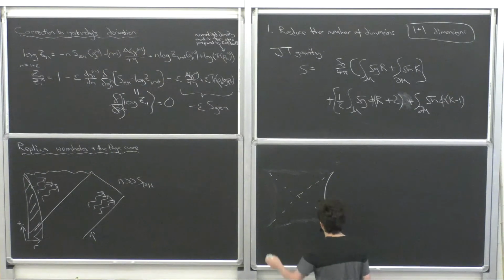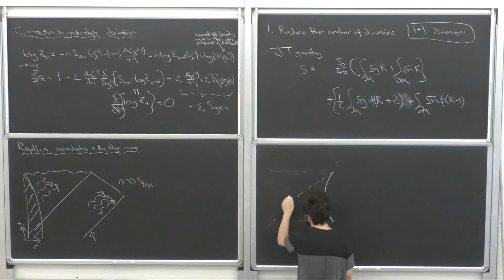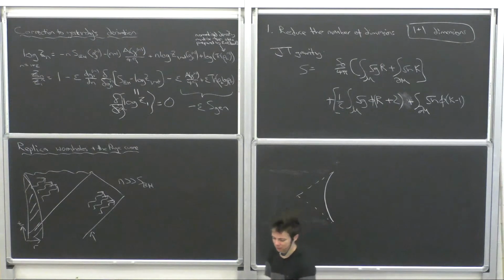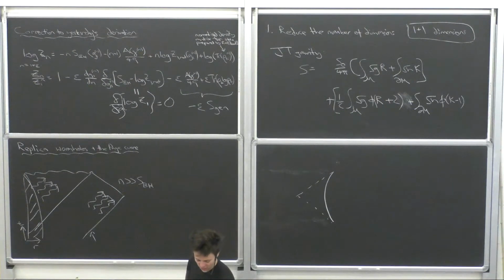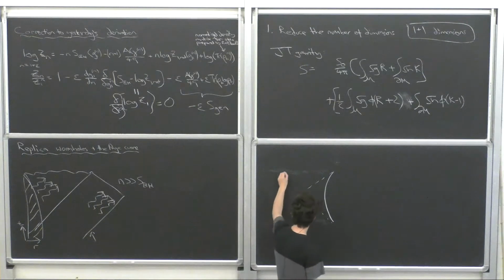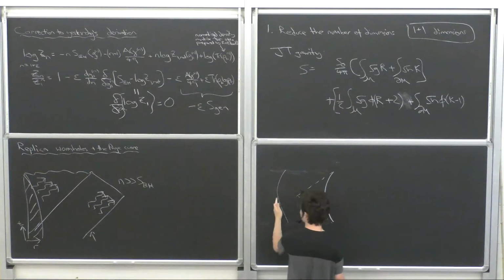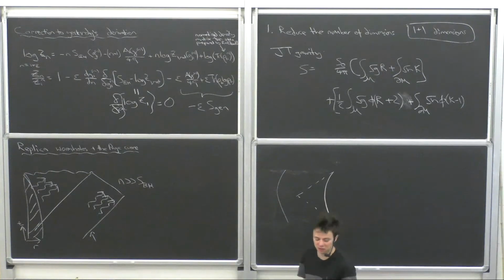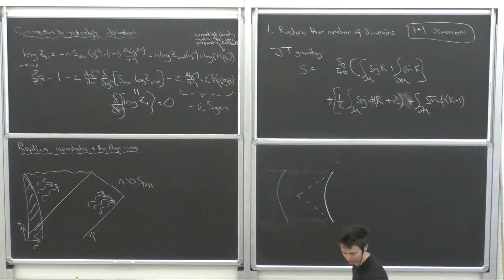So these are called end-of-the-world branes. They were originally studied in M theory and things like that. But let me use a different color. All it means in our context is we have this two-dimensional geometry, and then it just ends on some time-like surface. That time-like surface that it can end on is just a dynamical object in the theory.